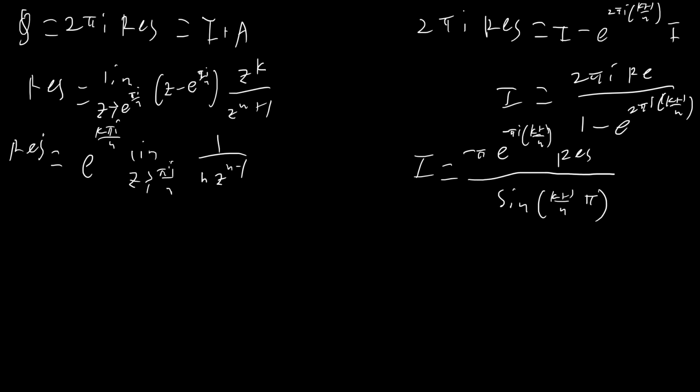We'll bring the 1 over n to the outside. All right, and then we'll put z to the 1 minus n. And we can plug this in directly, so I'll remove the limit. And instead of z, we'll put e to the pi i over n.